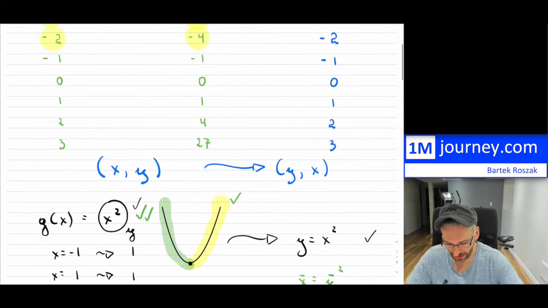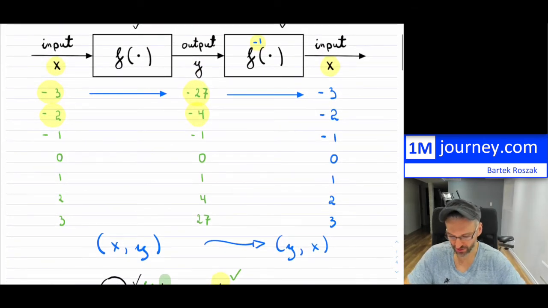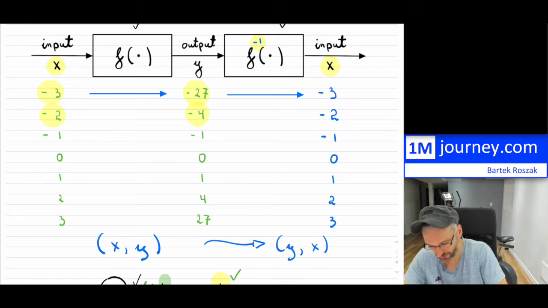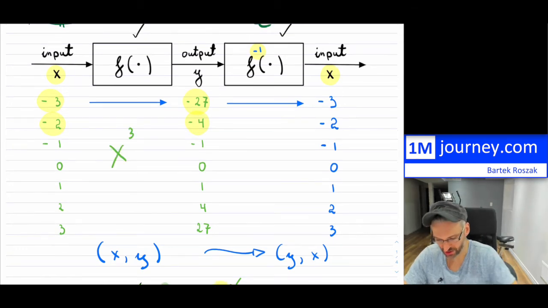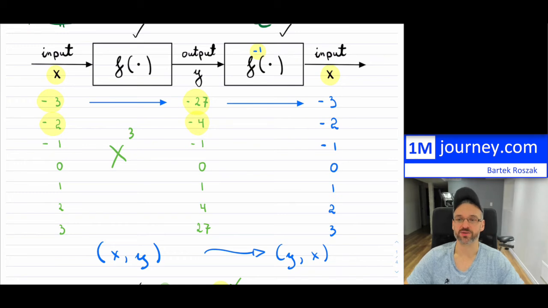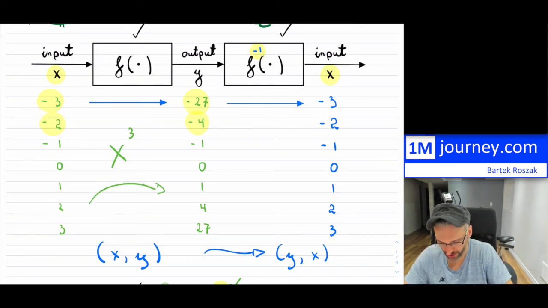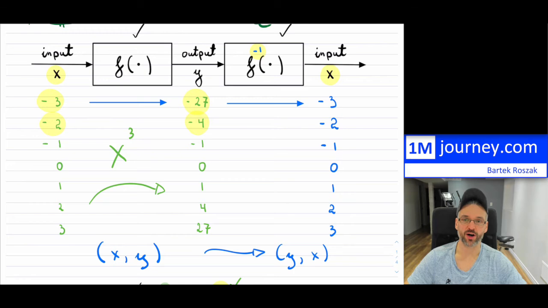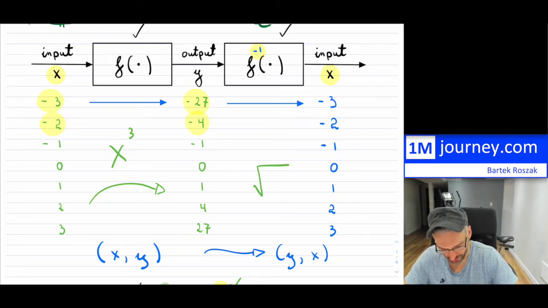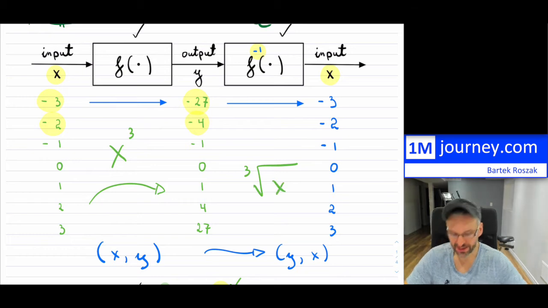Now, if you went back to this original one, I wonder if you would guess which function this was. If you do a little bit of thinking, you might have noticed that this was actually x cubed. That's what's mapping it from here to here. Now, x cubed is an odd function, and therefore my inverse is unique.